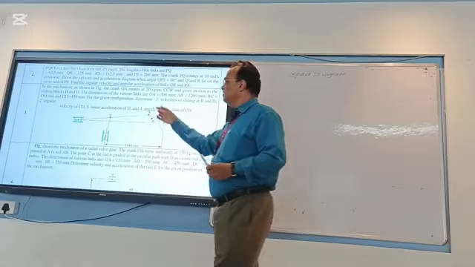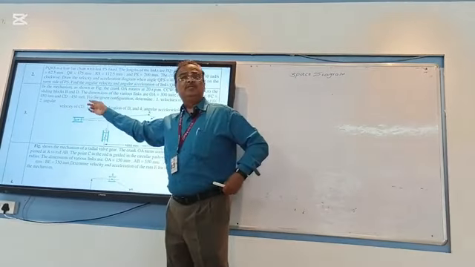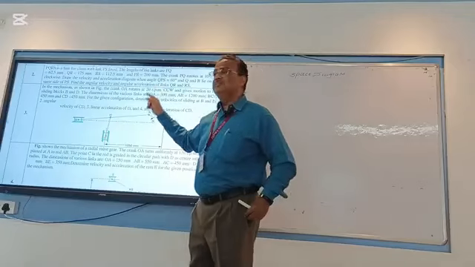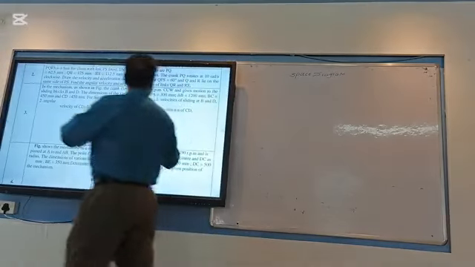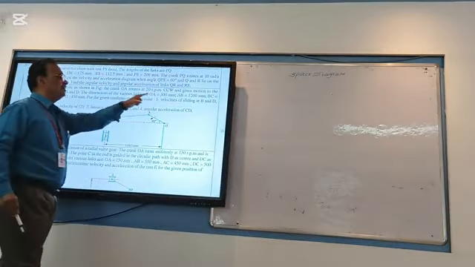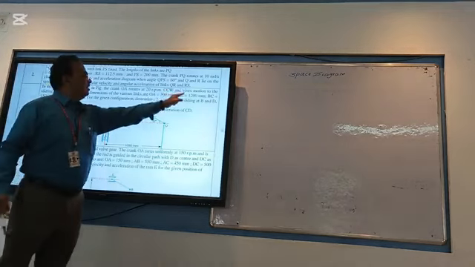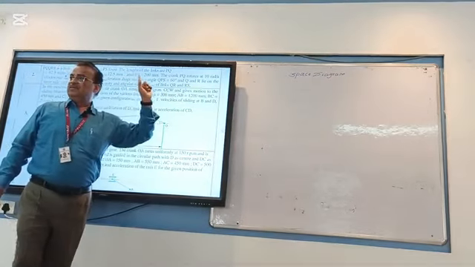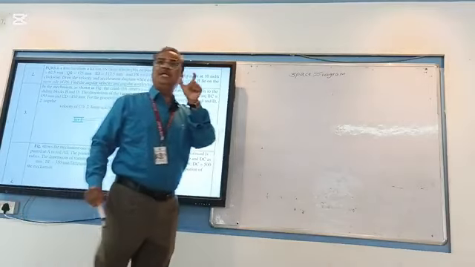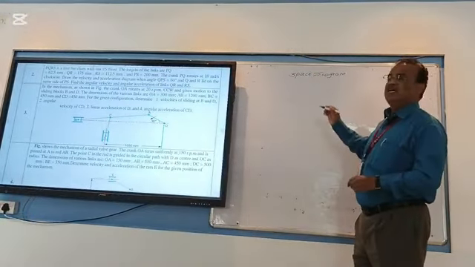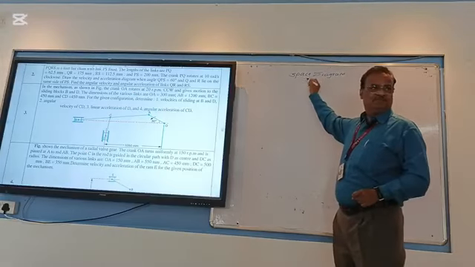Now after seeing this numerical, you have to observe the dimension. What is the minimum dimension of the link and what is the maximum dimension? If you go through this dimension, A is 300, that looks minimum, and maximum is 1200. By knowing the minimum and maximum dimension of your linkages, you have to select a suitable scale.